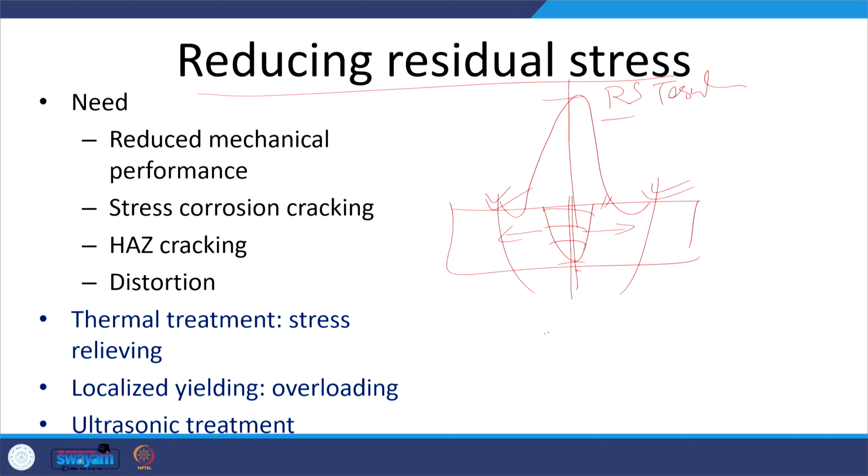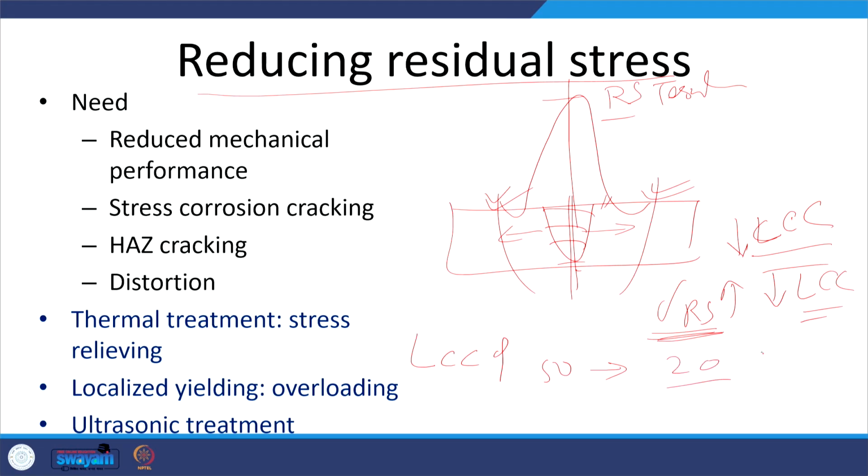So, the point here is, if tensile residual stresses are already there, then this will reduce the load carrying capacity of the weld joint. The greater the residual stresses, the lesser the load carrying capacity, because these residual stresses work in an algebraic way. If the load carrying capacity of the joint is say 50 units, and the residual stress is 20 units, then the actual load that we can apply will be just 30 units.